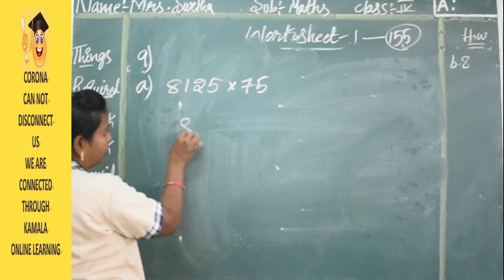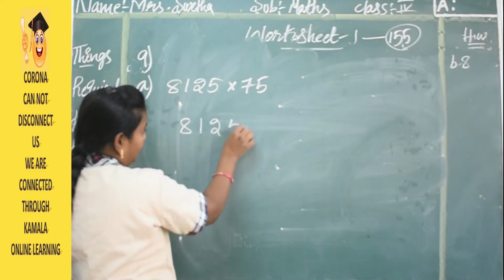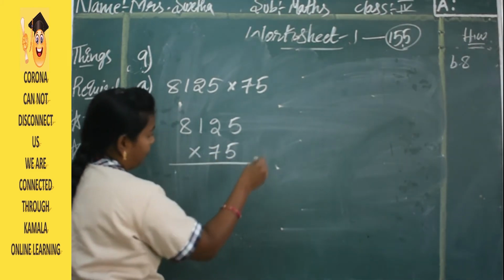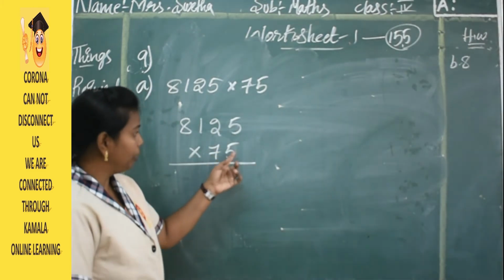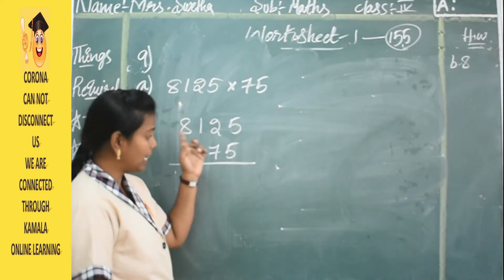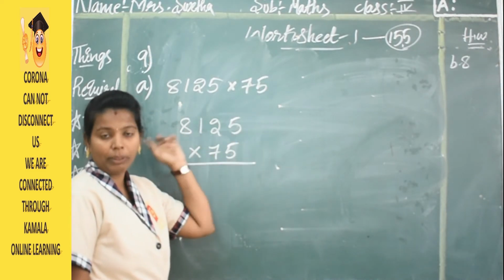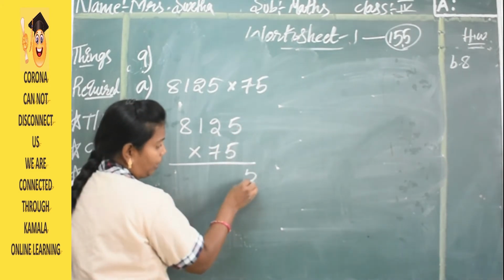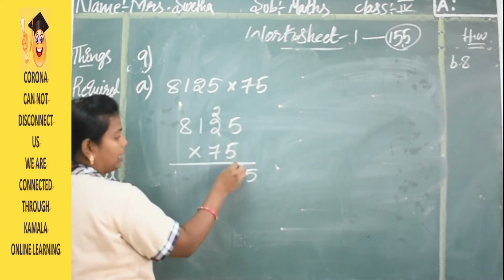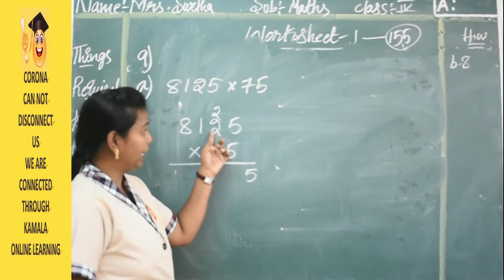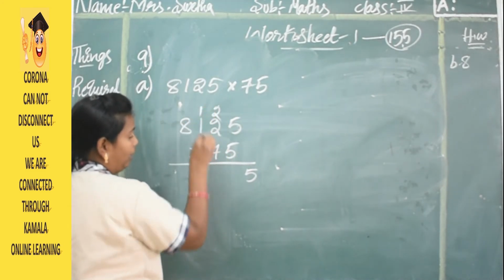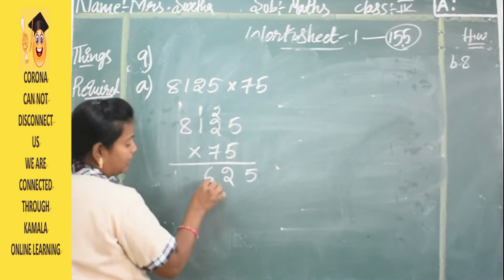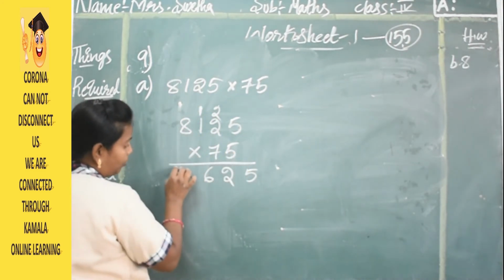Okay, now take the question. 8125 is multiplied by 75. So you have to multiply 5 with all the digits, and after finishing, you have to multiply 7 with all the digits again. 5 5s are 25, so 5 down, 2 up. 5 2s are 10 plus 2 is 12. 5 1s are 5 plus 1 is 6. 5 8s are 40.